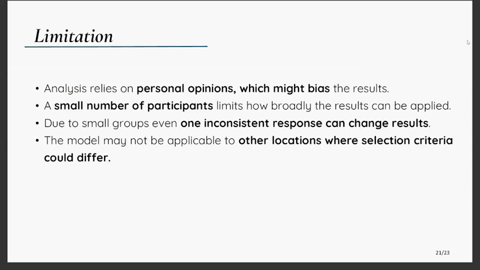And since there were only a small number of participants, there's a limit in how broadly the result can be applied. And due to smaller groups, even one inconsistent response can change the whole overall result. And this model may not be applicable to other locations where selection criteria could differ, or in other countries.